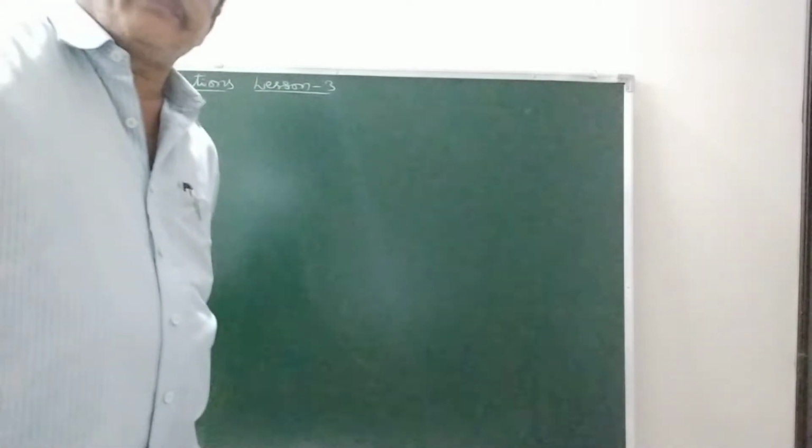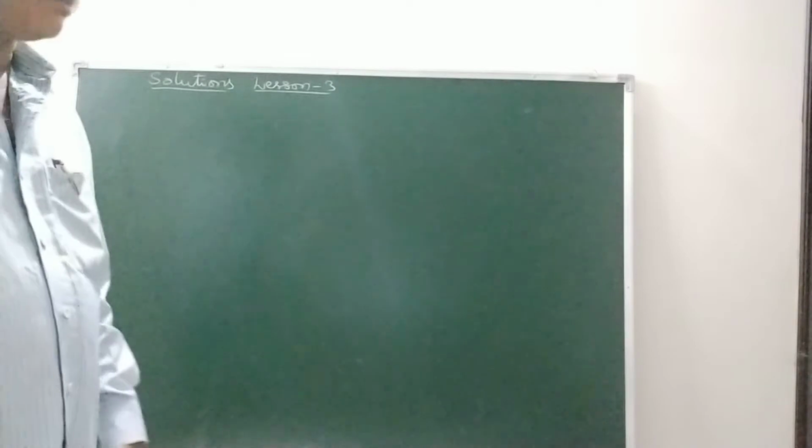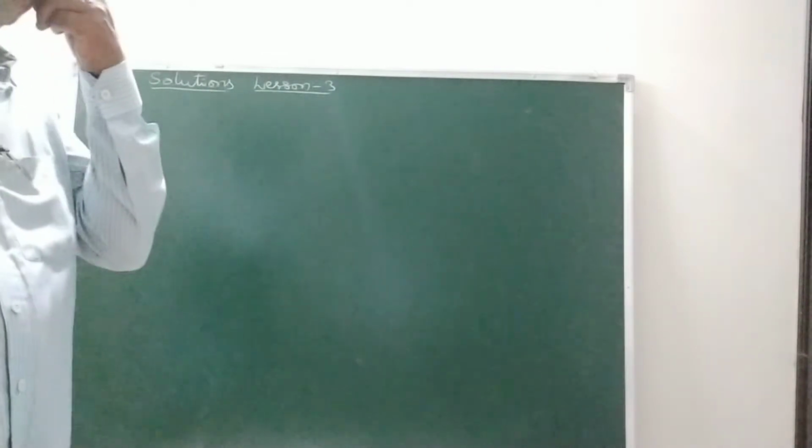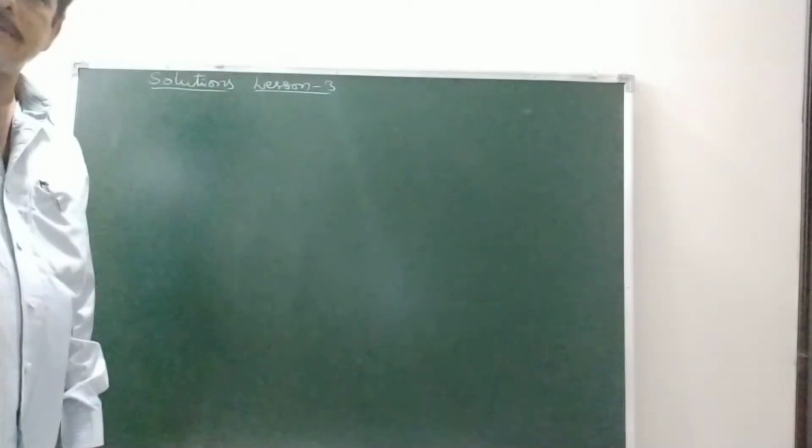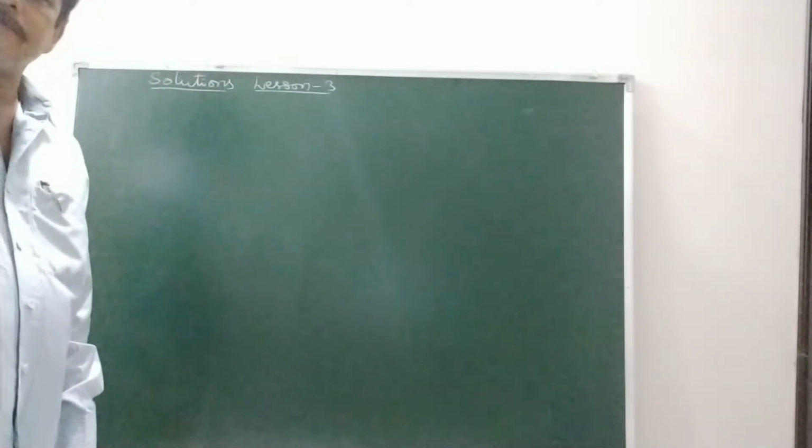Today we will discuss the chapter Solutions, lesson number 3. In the previous lesson, lesson number 2, we discussed Raoult's law. Based on Raoult's law, solutions are differentiated into ideal solutions and non-ideal solutions.